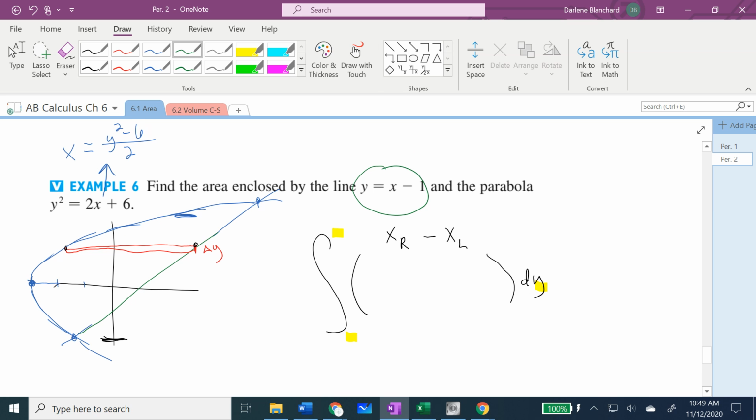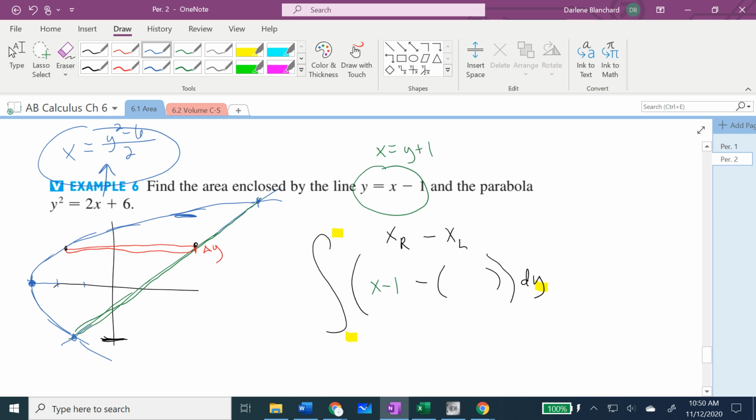For this one, x is equal to y plus 1. And then when you draw it, you need to see, okay, the right side is x equals y plus 1, minus the left side, which is x equals, oops, I just wrote it wrong too.